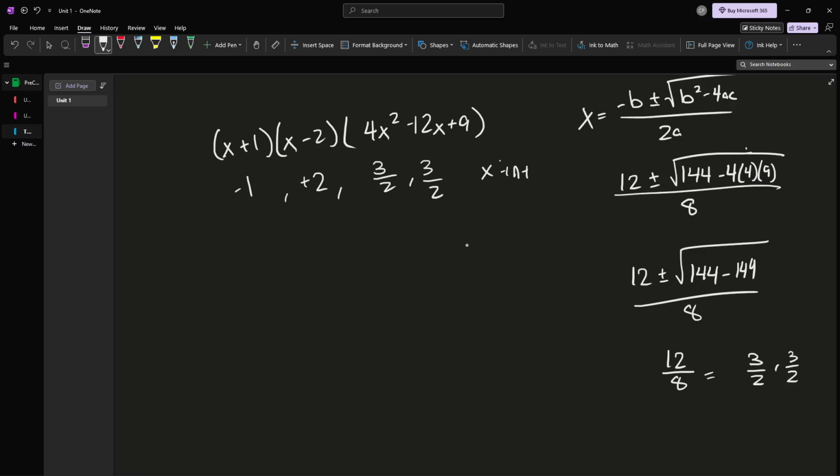Now we count the multiplicities. Multiplicity means how often that zero comes up. This only shows up once, but 3 over 2 shows up twice. It has a multiplicity of 2. If you have an even multiplicity, that means that it bounces. For these, it just passes through.